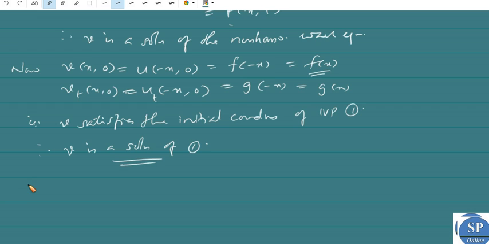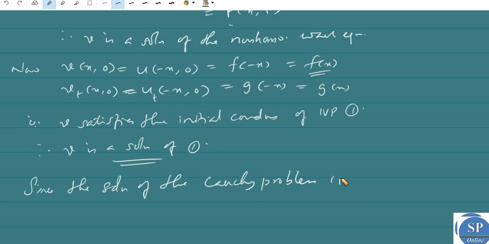Now since the solution of the Cauchy problem is unique, we have the solution v of x, t is nothing but u of x, t, because u is the solution of the Cauchy problem, and here we proved that v is also a solution.